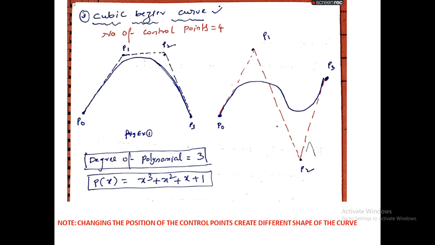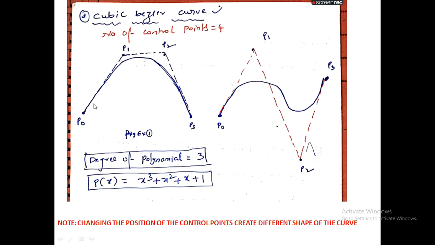With the help of 4 control points, I can create 3 tangents. The first tangent is from P0 to P1, the second tangent P1 to P2, the third tangent is P2 to P3.